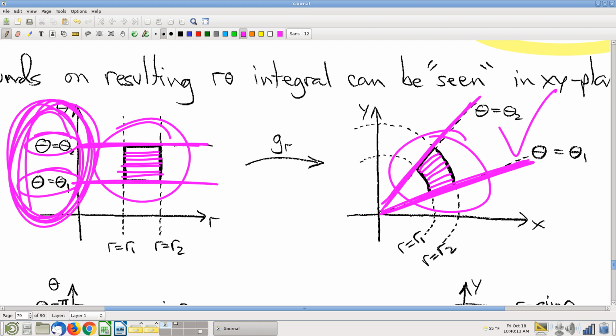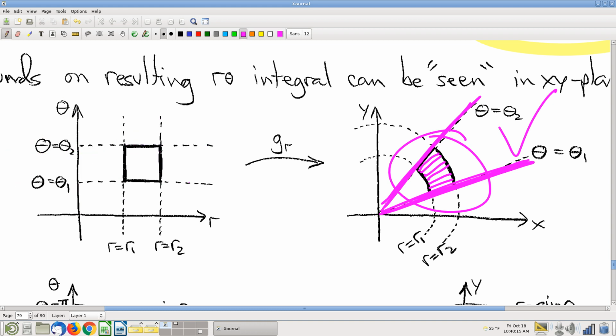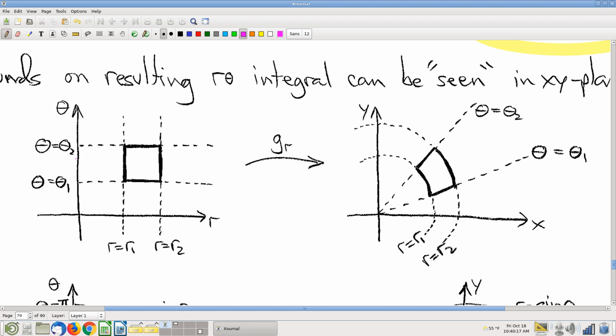Handy. Likewise, once I've picked a value of theta, given a value of theta somewhere between theta 1 and theta 2, focusing my attention on that theta slice, R starts at that point, so there's my starting value of R, and R ends at that point, so there's my ending value of R. I can see all this in the XY plane too.